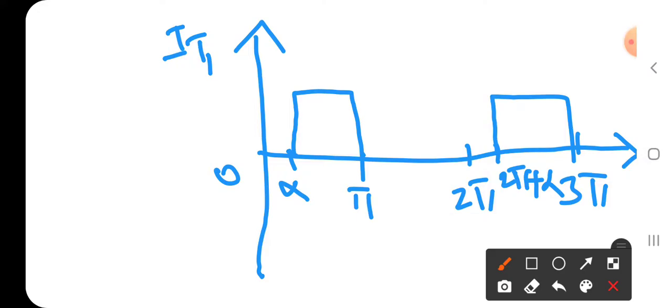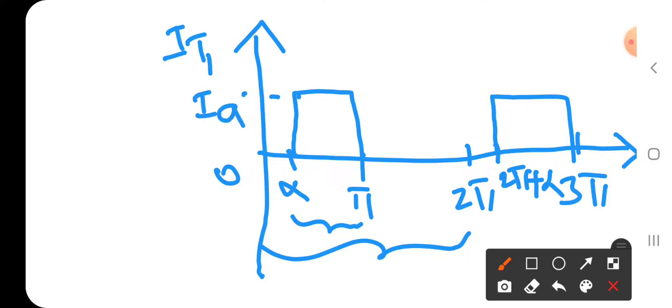Therefore, what is the time period for IT1? It is 2 pi. Over the 2 pi, the current is nonzero only from alpha to pi, and this value is also IA.